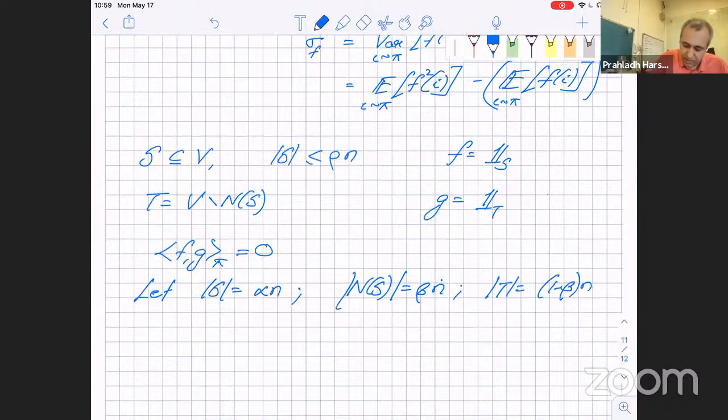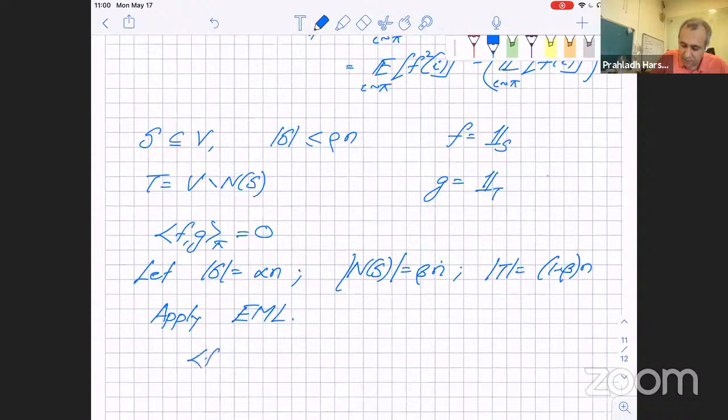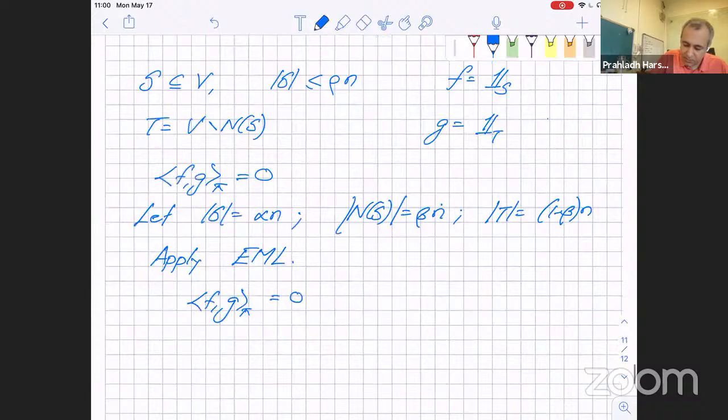So let's just apply EML. So for EML, we have this to be 0. Let's look at all the quantities. What is mu of F, the expected value of F? This is the expected value of the indicator when I pick I from phi.